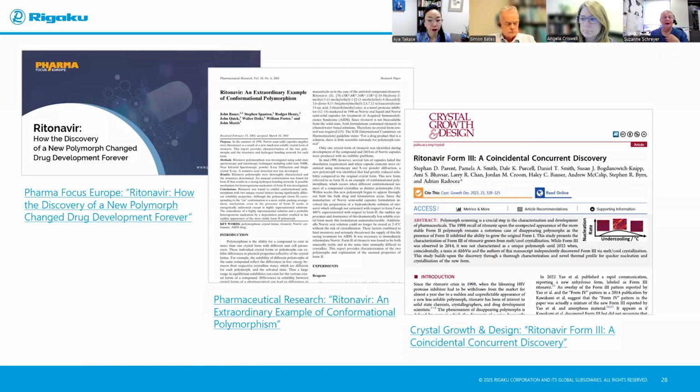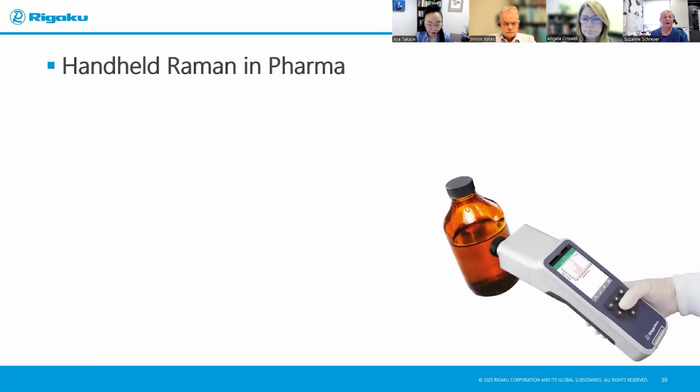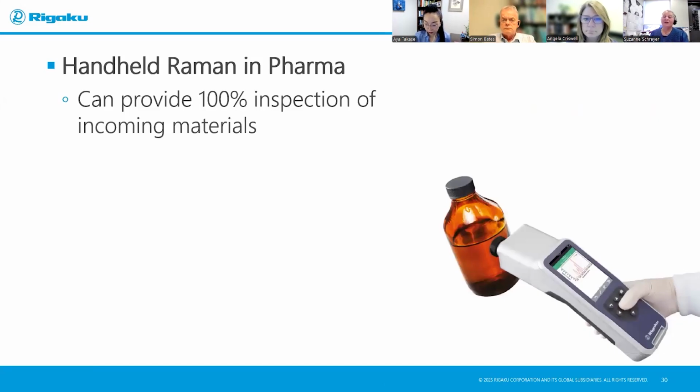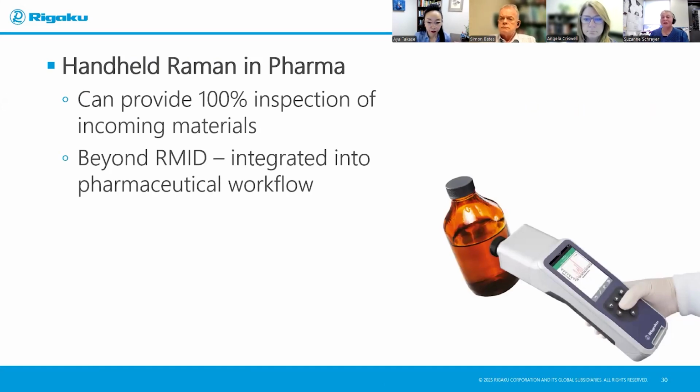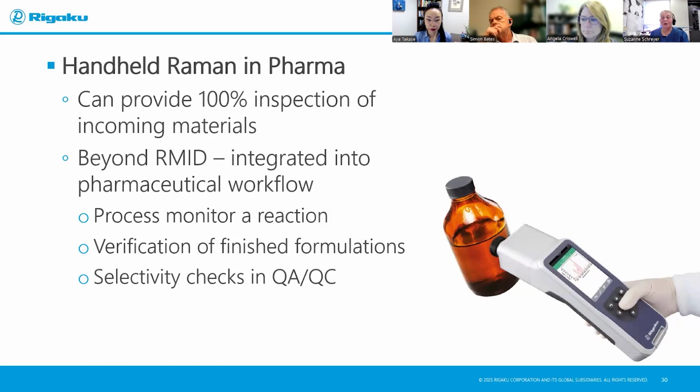Okay. And that's coming to the end of the talk. I just hope I've told you enough about handheld Raman and Pharma that you can see where it can fit into your pharma workflow, from the 100% inspection of incoming materials and then going beyond the raw material identification to maybe monitor a reaction or verify a finished formulation, check for counterfeits, or do selectivity checks of your retained samples and in QA and QC.